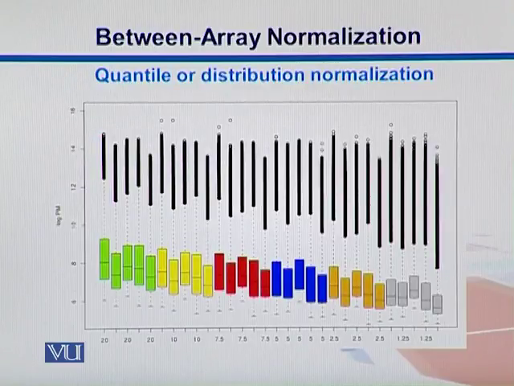If we do this quantile or distribution normalization, what are the effects on the data? Here we see, for example, different distributions which may be the replicates within different treatments. Green is one treatment with 5 replicates, or these are different arrays within the same experiment, you can also say that.